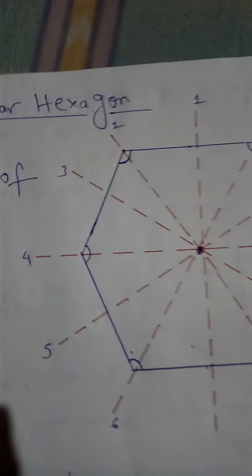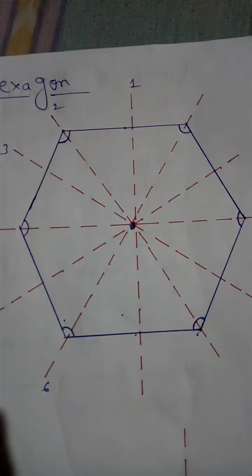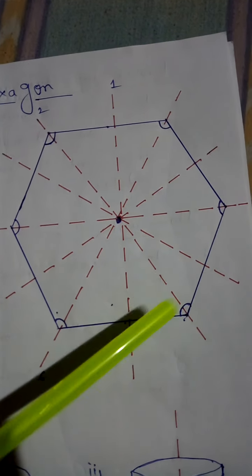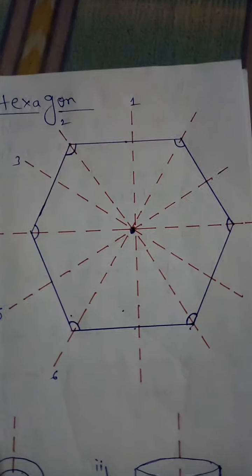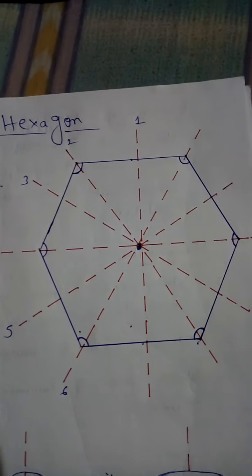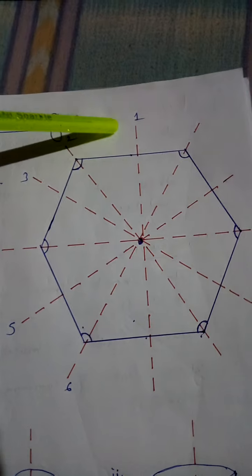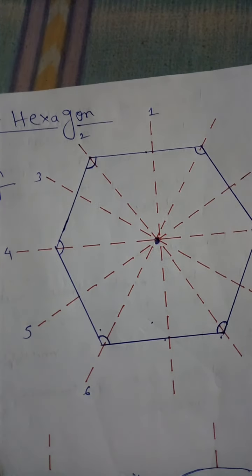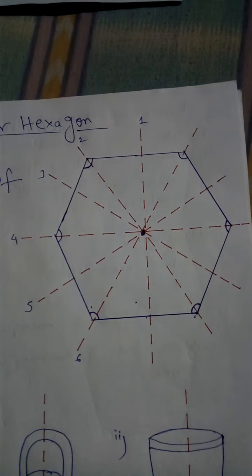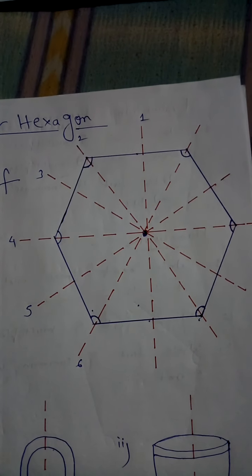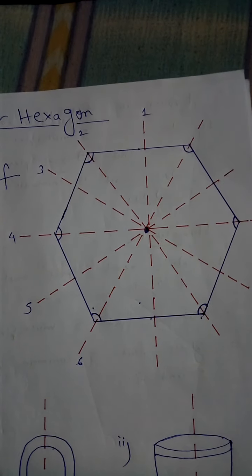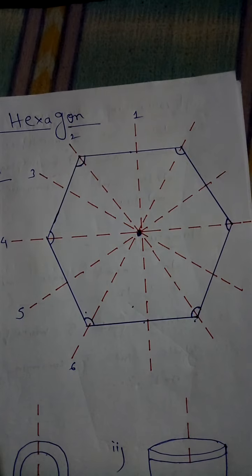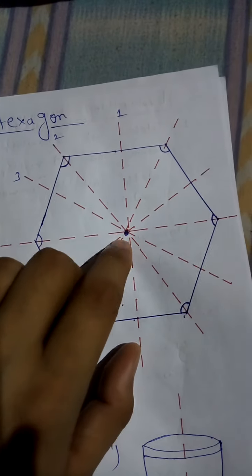It has 6 lines of symmetry, as I've written here: 1, 2, 3, 4, 5 and 6. The regular pentagon and regular hexagon are two very important figures, and all the lines pass through a point. This is the point.